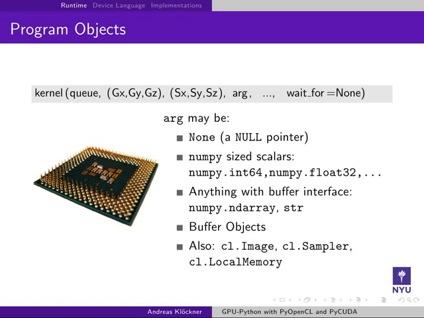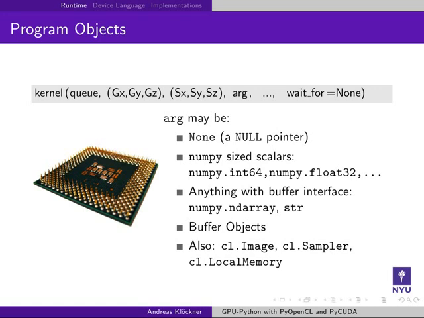If you just passed 15, would that work? No, it wouldn't, because at this level, PyOpenCL doesn't know what type of argument OpenCL expects. So you have to tell it explicitly the sizes of the arguments that you want to pass in. You need to make sure that these things are cast properly.